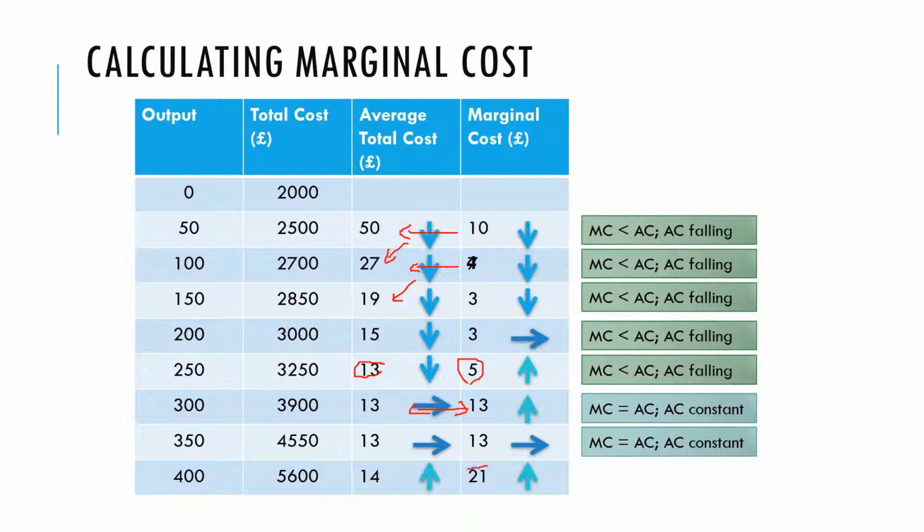What happens when the marginal cost goes higher than the average cost is that the average cost starts to rise. So we can see a relationship here: when marginal cost is less than average cost, the average cost is falling. When marginal cost is the same as the average cost, the average cost is constant. When marginal cost is greater than average cost, the average cost is rising.